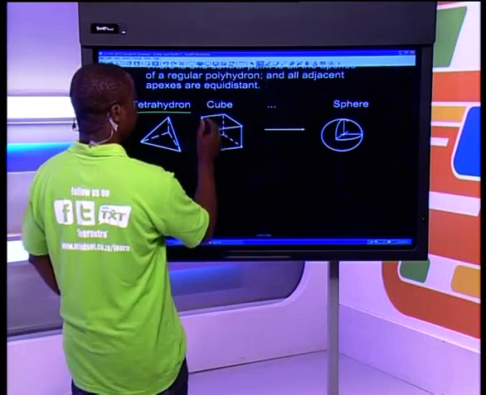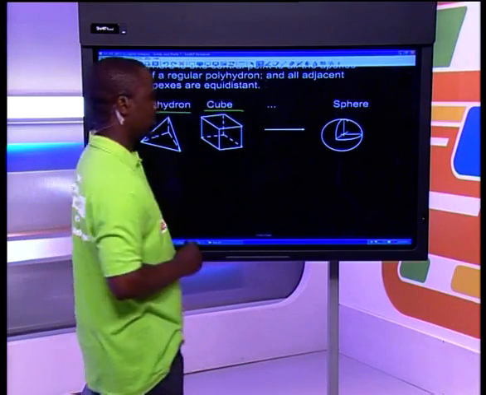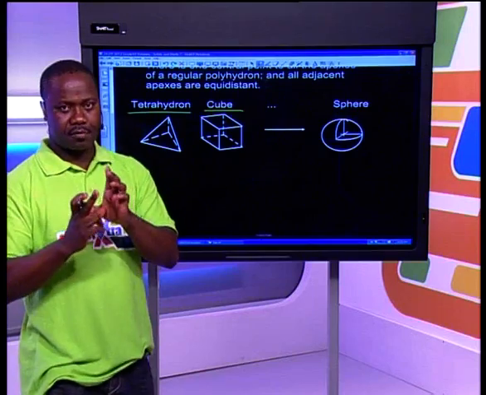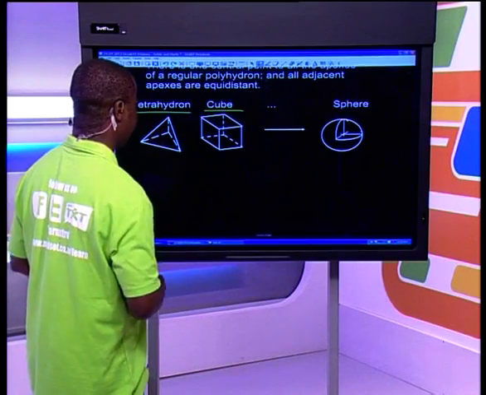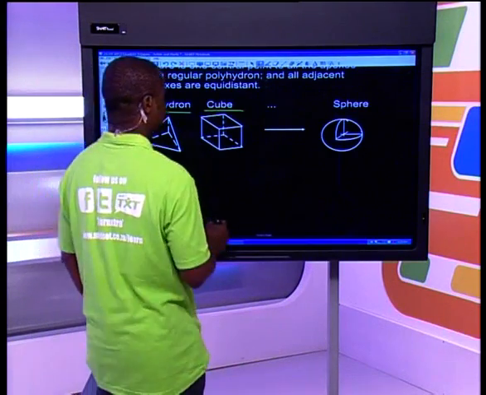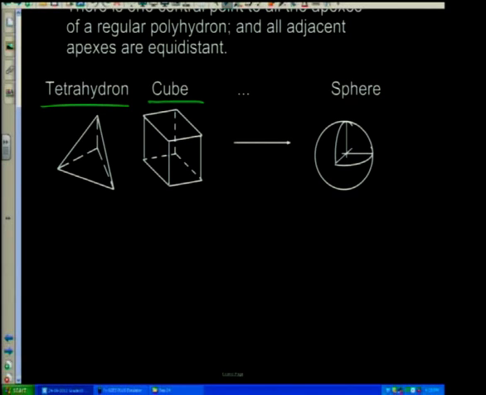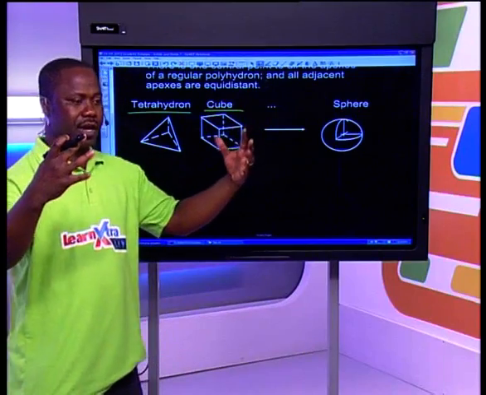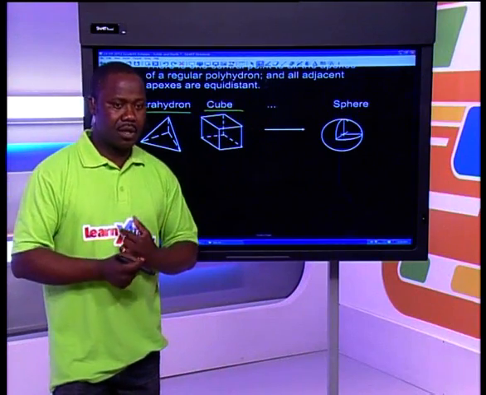And this one, a cube, is made up of squares. As you can see, it's got the base area and it's got a height which is the same as the dimension of the square.